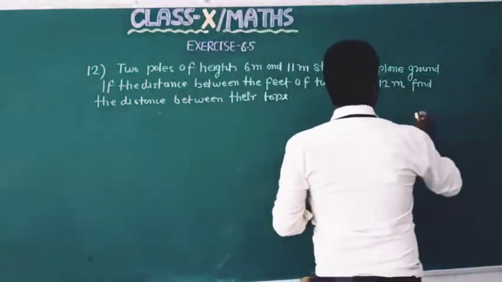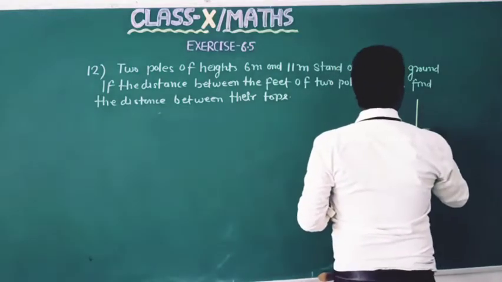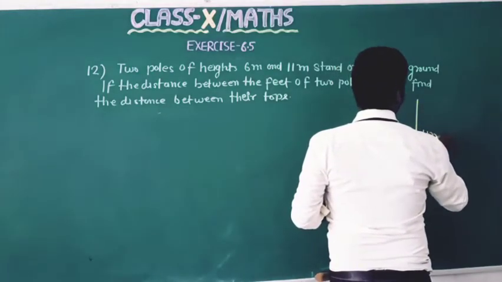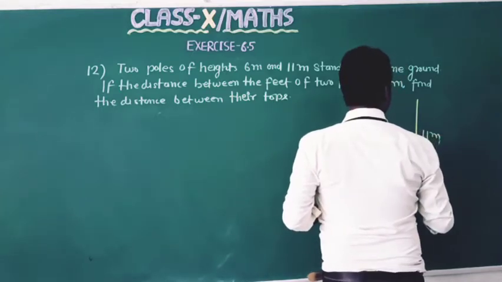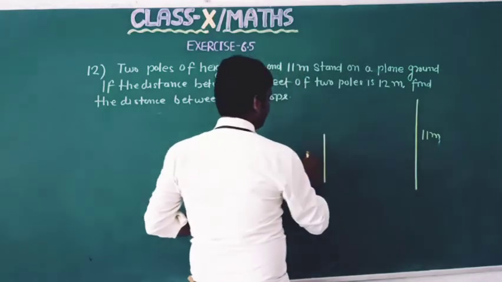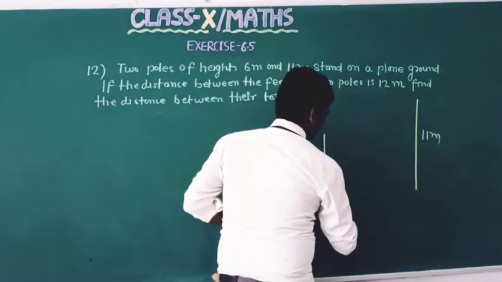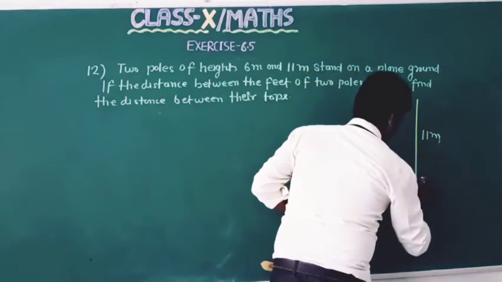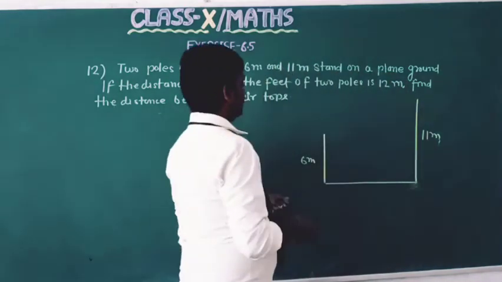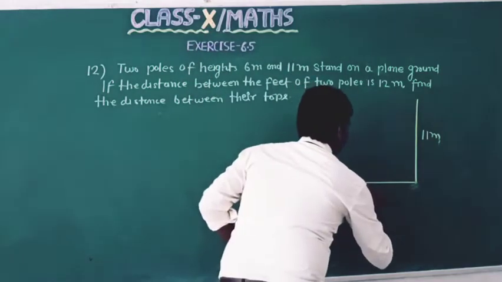So what do we have? This pole is 11 meter, and another pole whose height is 6 meter, and this is the distance between their feet. We are given 12 meter.